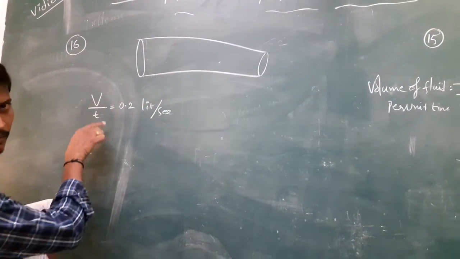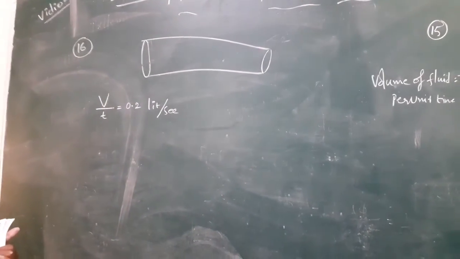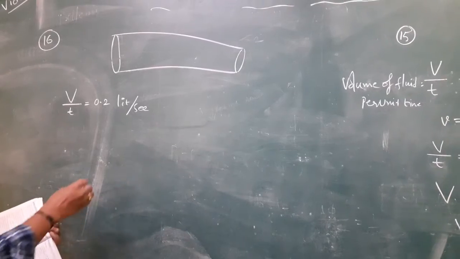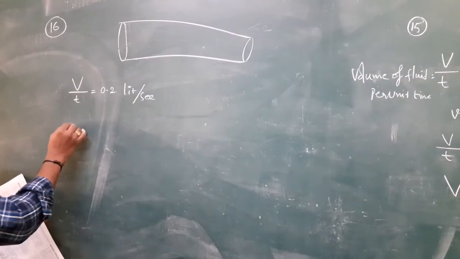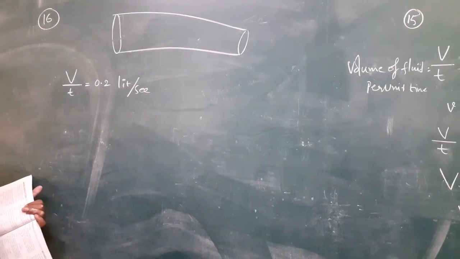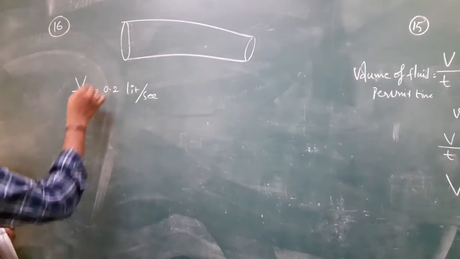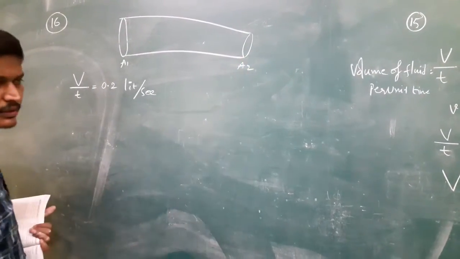The pressure is 300 pascals at the point where the area of cross section is A1; here the area of cross section is A2.